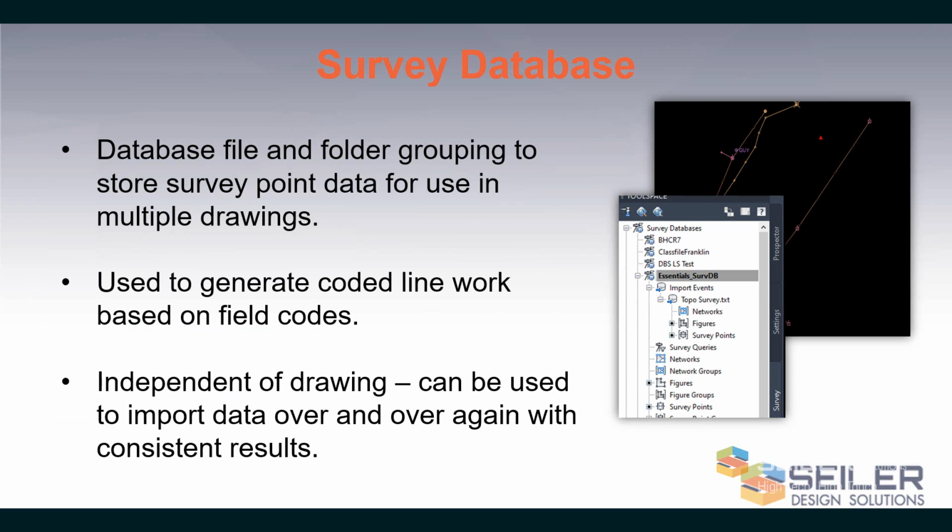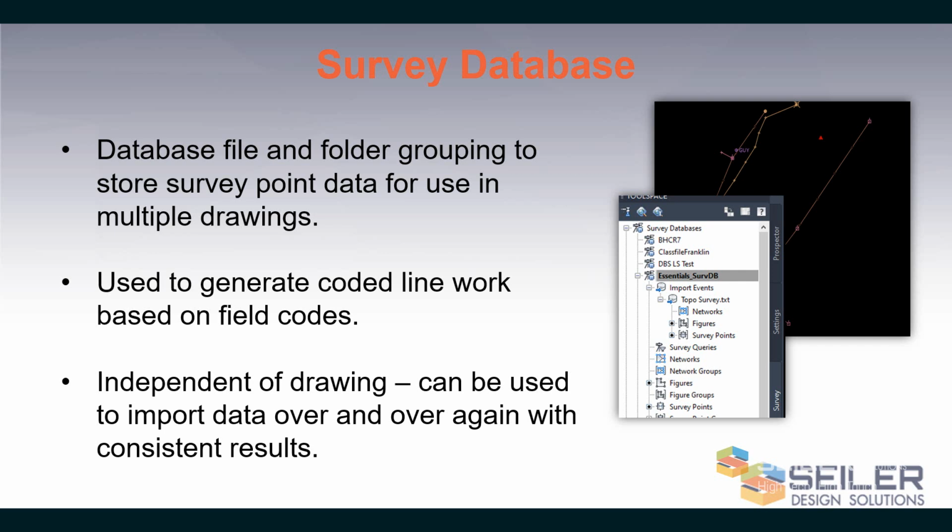The survey database itself, now, those are the objects that are created and held within the survey database. The database is a separate file from your DWG file. Civil 3D, all the objects like alignments and profiles, etc., are held within the drawing.